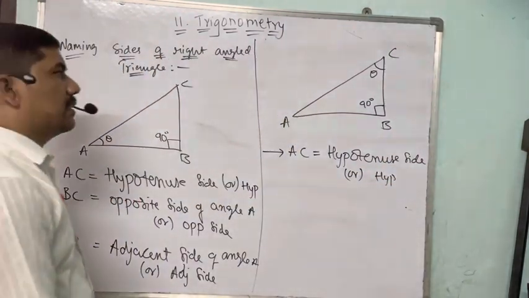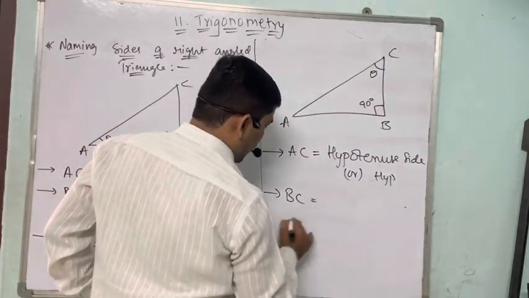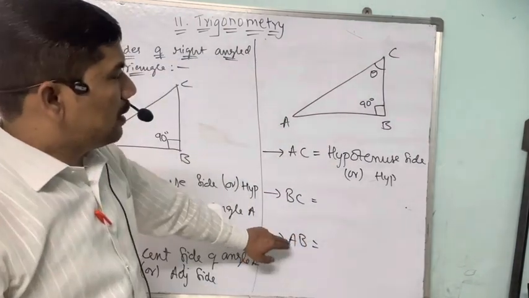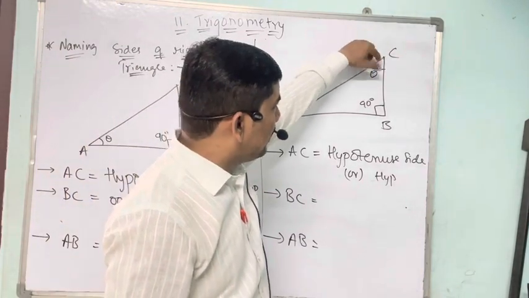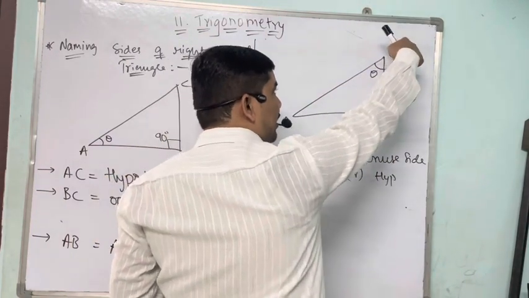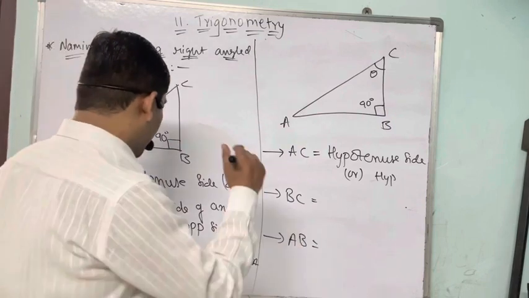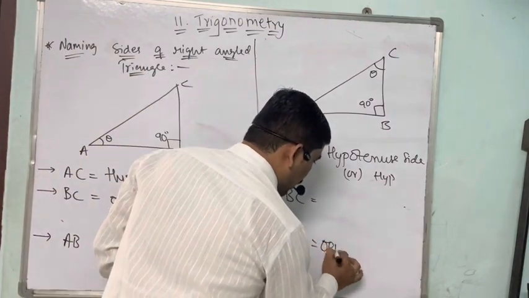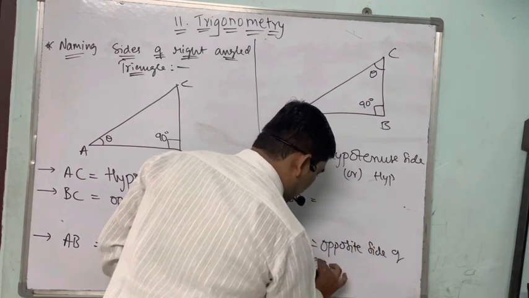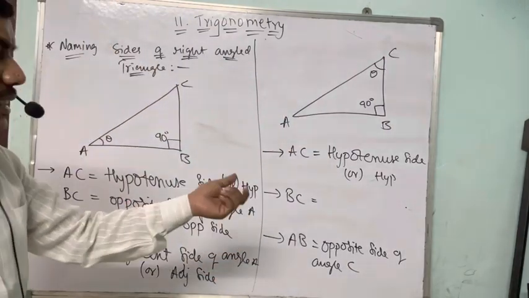Right. Next, BC and AB. First we'll write AB. See, student, if you look at theta, the opposite side of theta is AB. If you look from here, AB is opposite to theta. So that's why AB is the opposite side of angle C, or opposite side to theta.